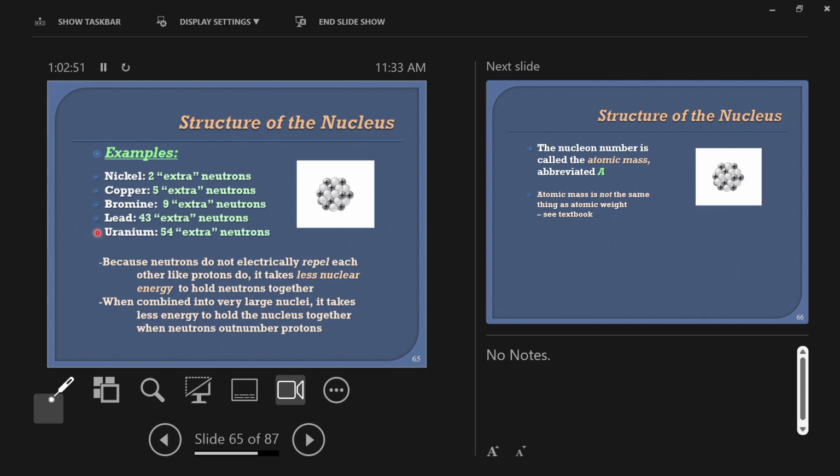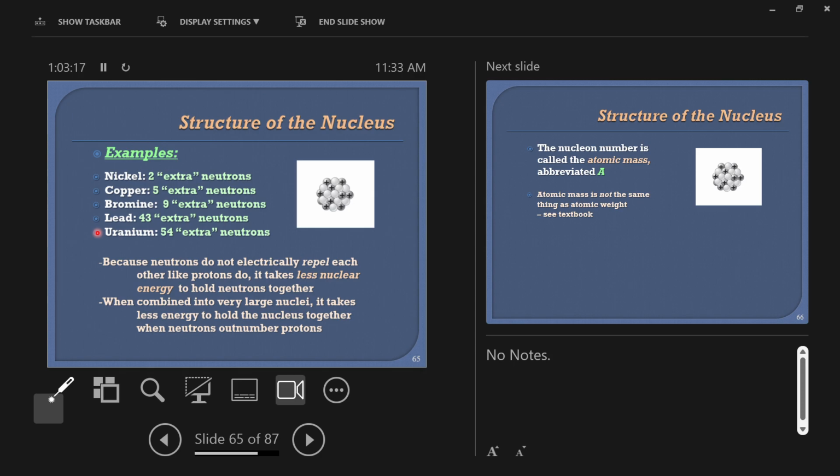It has 54 extra neutrons, okay? It has 54 more neutrons than it has protons. And look at uranium. Uranium is going to be found in the actinide series. It's this bottom row. Uranium's right here, fourth one to the right.